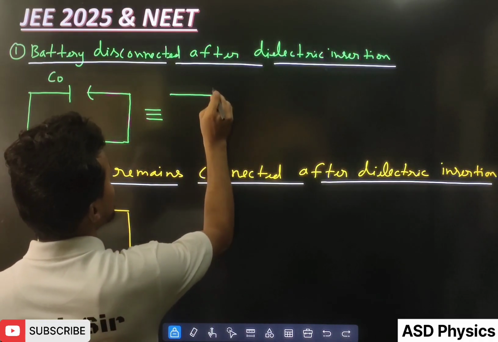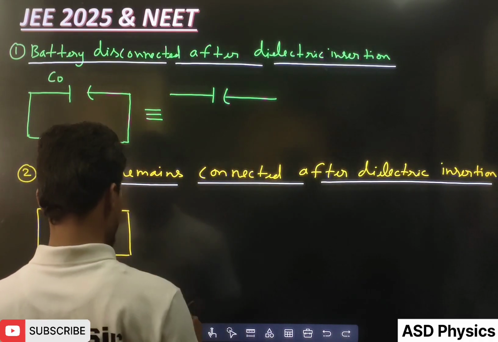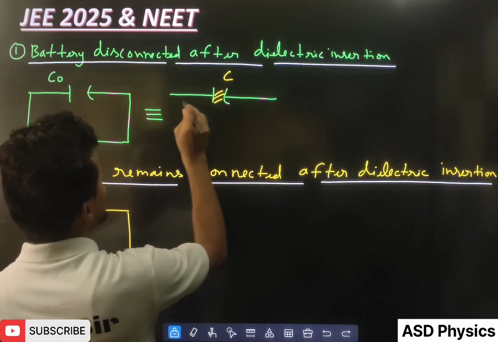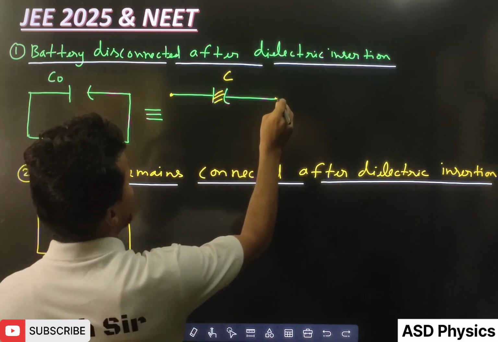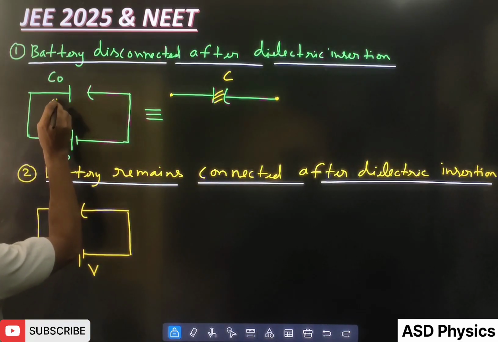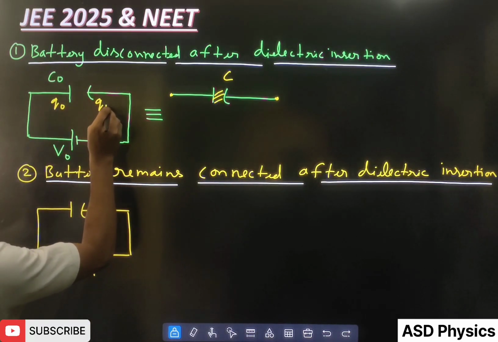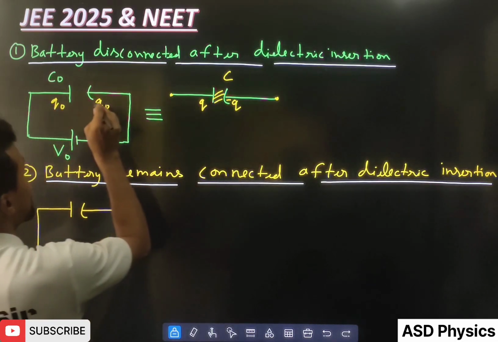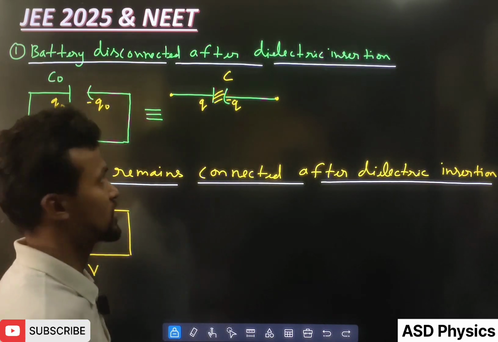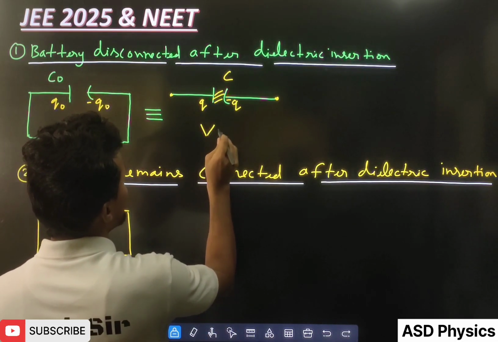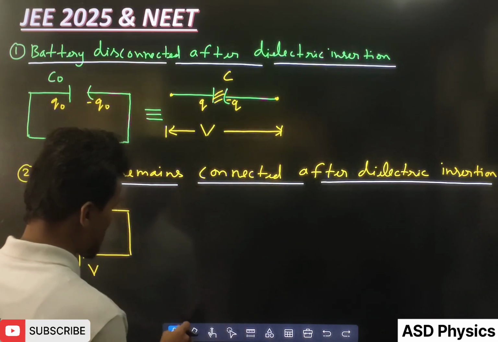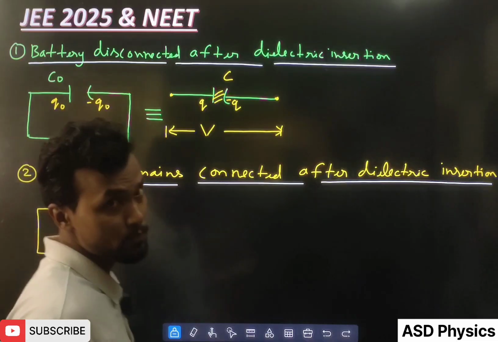Then we put a dielectric here, and the capacitance has become C. If the charge is Q0 and minus Q0 on the plates, then let's take the new charge as Q and minus Q, because the plates have opposite charges. And let's take the new potential difference as V. I have already made a video on electrostatics, you can see that, but directly I will write here.